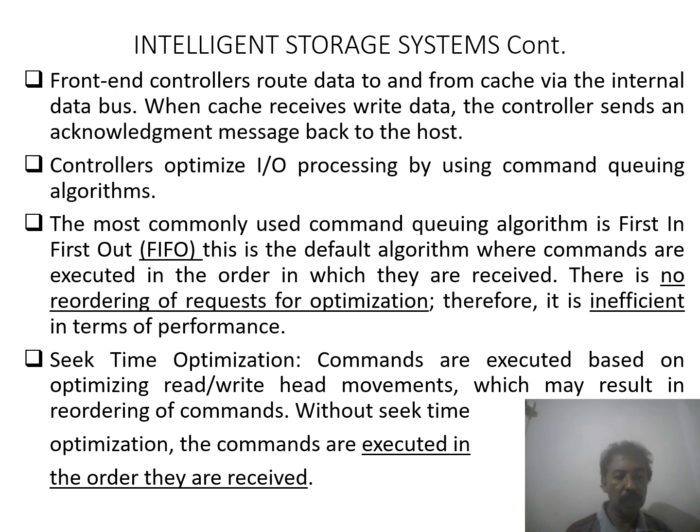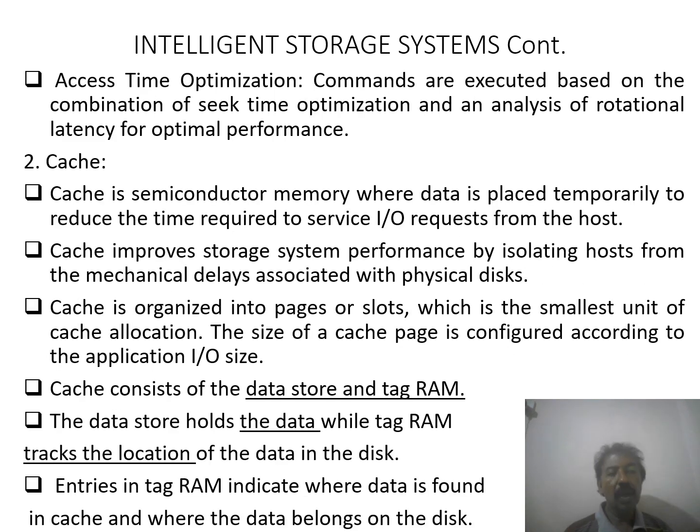Without seek time optimization, the commands are executed in the order they are received. Access time optimization: commands are executed based on a combination of seek time optimization and analysis of the rotational latency for optimal performance.